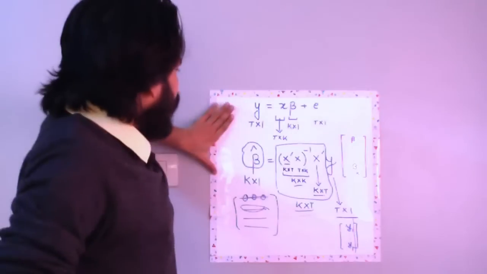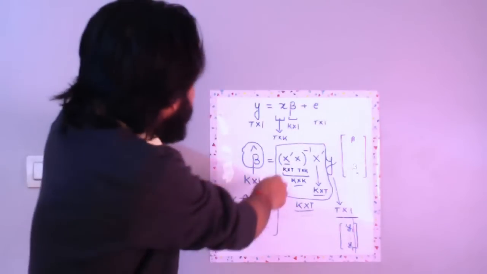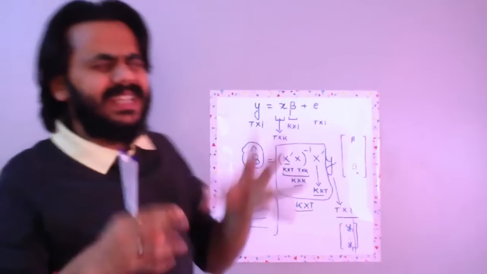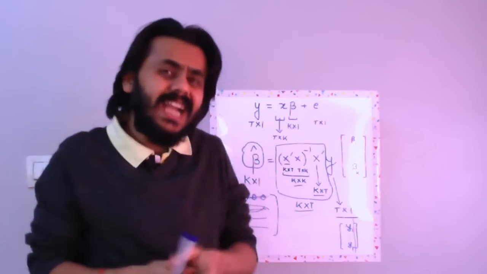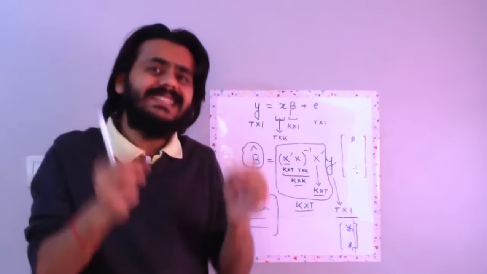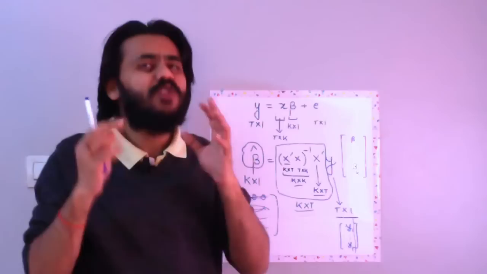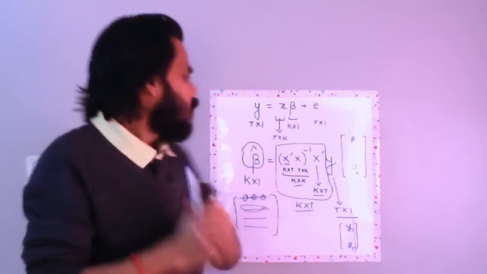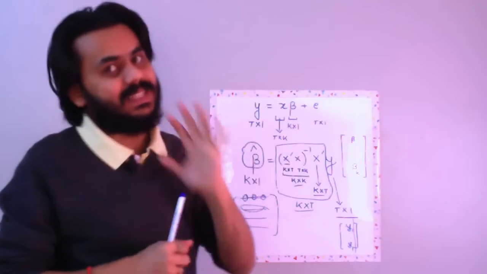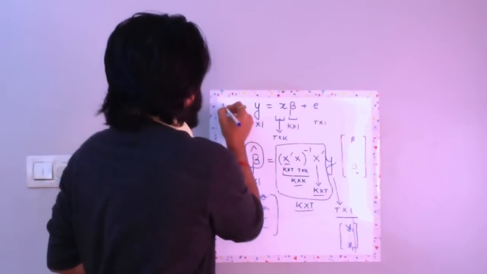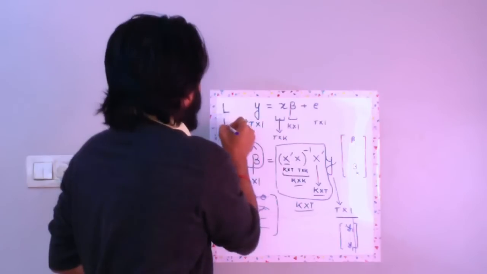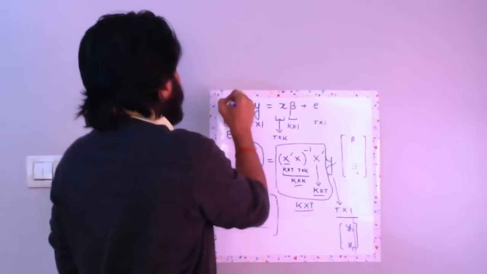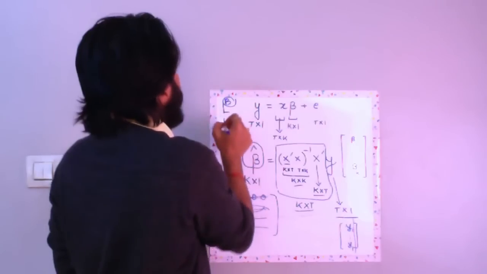So far we have understood that beta hat is a linear combination of y values, so beta hat is a linear estimator, and we already know from a previous video that beta hat is an unbiased estimator of beta. So beta hat is a linear and unbiased estimator. Now how is it best? Because if we combine B with LUE, it becomes BLUE.